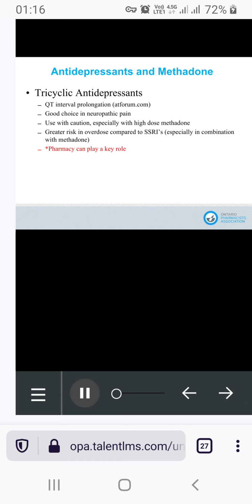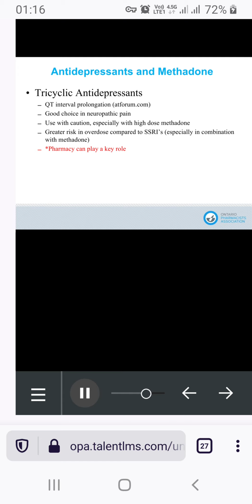Tricyclic antidepressants: QT interval prolongation. A good choice in neuropathic pain. Use with caution, especially with high dose methadone. Greater risk in overdose compared to SSRIs, especially in combination with methadone.